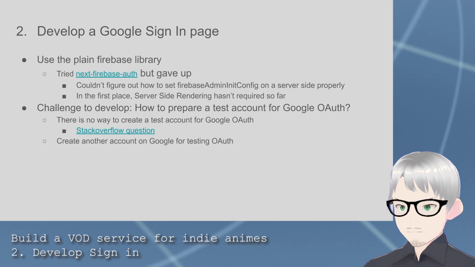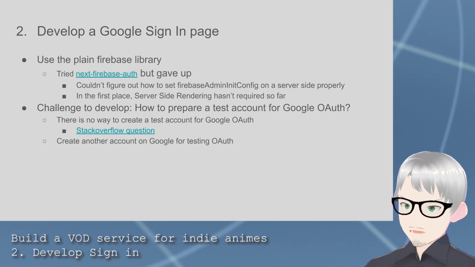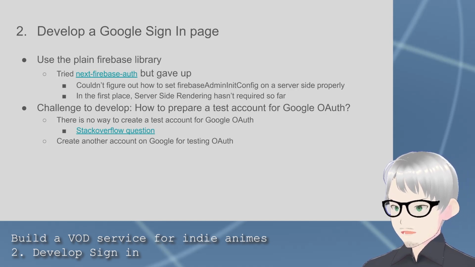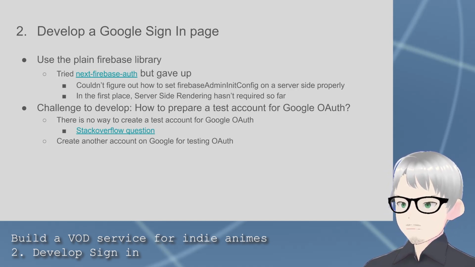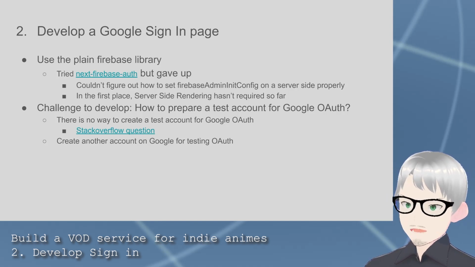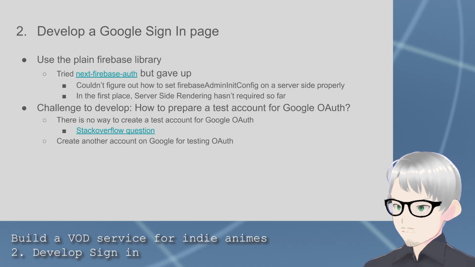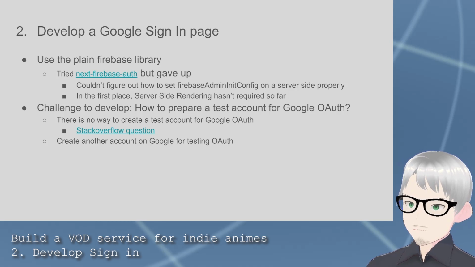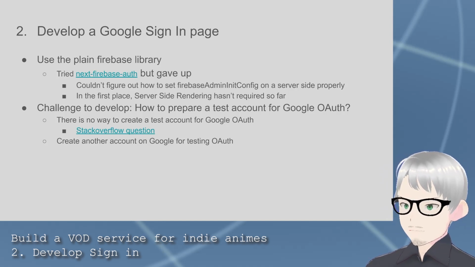And the second, develop a Google sign-in page. I just decided to use the plain Firebase library to implement the sign-in page. At first, I tried to use the Next Firebase auth library, but ended up giving up using it. The reason was that I couldn't figure out how to set it up, especially on the server side.